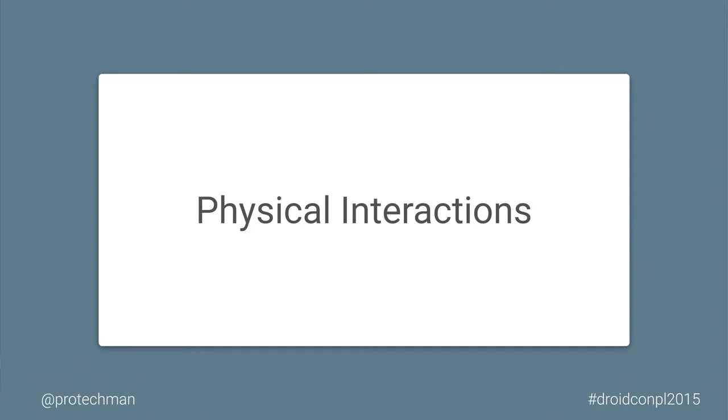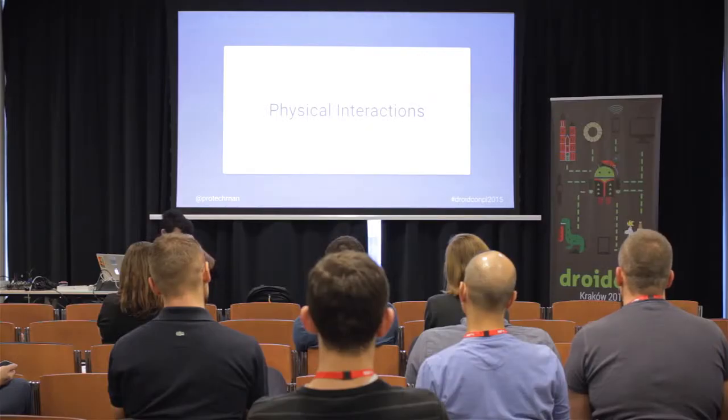And also physical interactions. In 2004, I had a bigger phone than my current phone. It had an antenna and there were buttons on it. Then in 2006, I got a Motorola device that was much smaller than the other one.